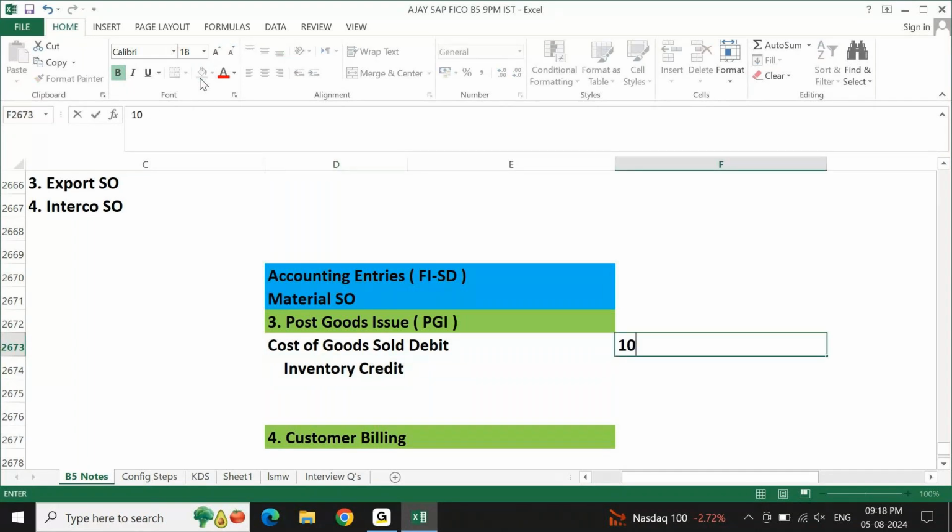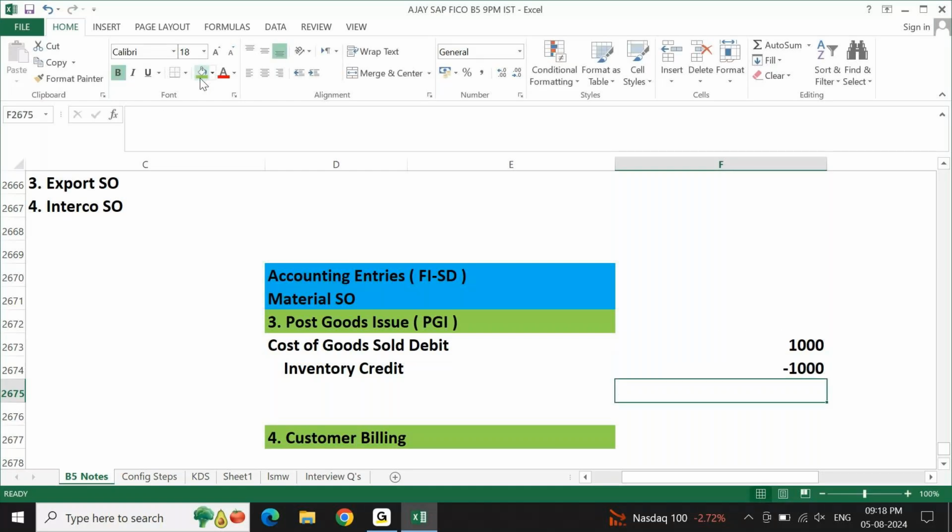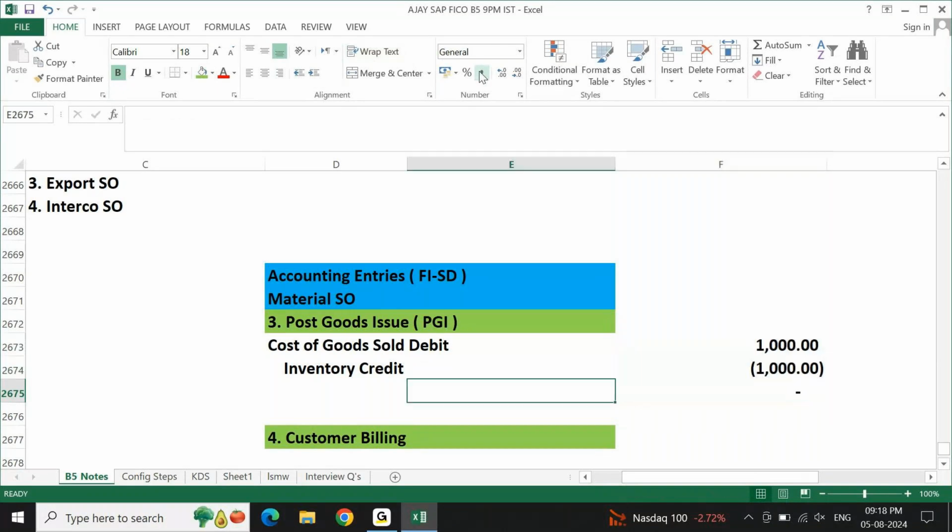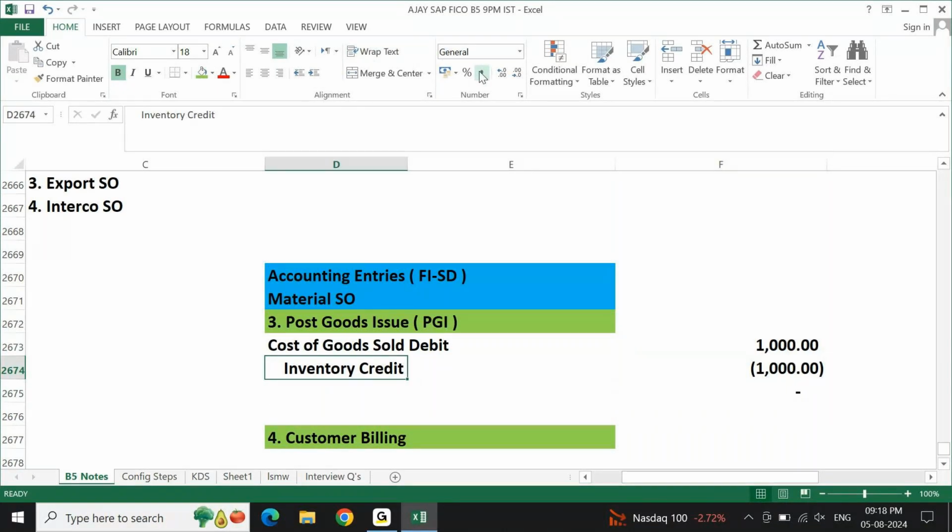Let me do a total. I'll put this in accounting format. Accounting entry is COGS account debit. Cost of goods sold is nothing but COGS. Somebody may call it COGS, somebody may call it a COGS, but at the end, it is the same thing called cost of goods sold account. Cost of goods sold account debit, inventory account credit in case of a PGI.